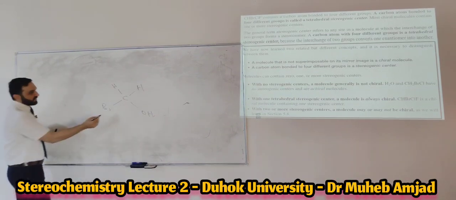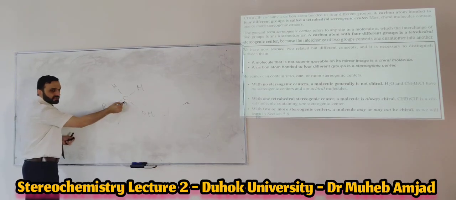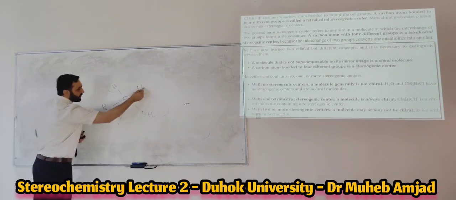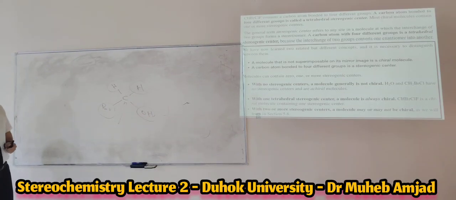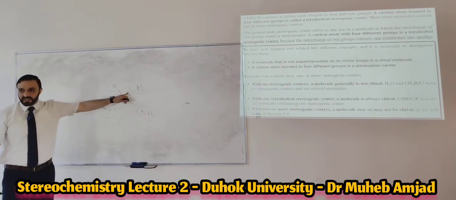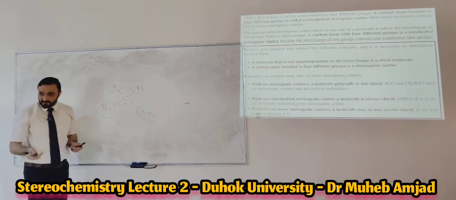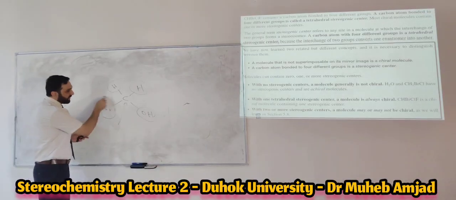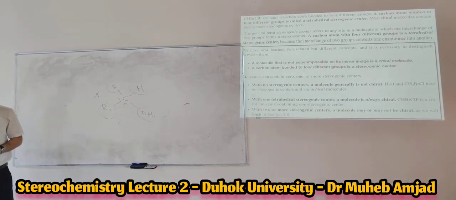Now, how many groups surround this carbon? 4: 1, 2, 3, 4. Are there 2 identical groups? Yes, this hydrogen is like this hydrogen. That means this carbon is not surrounded by 4 different groups, so it is not a stereogenic center.